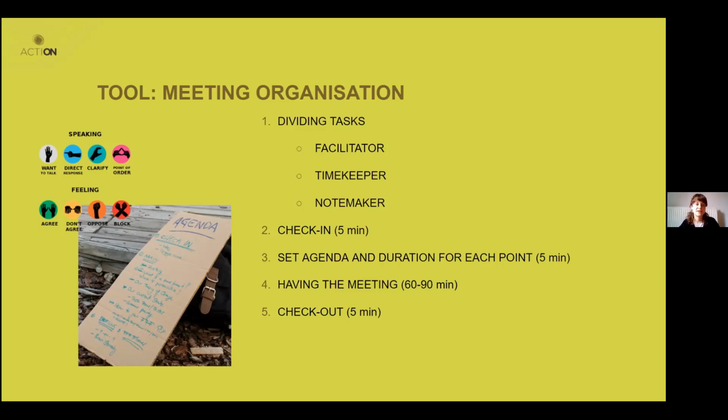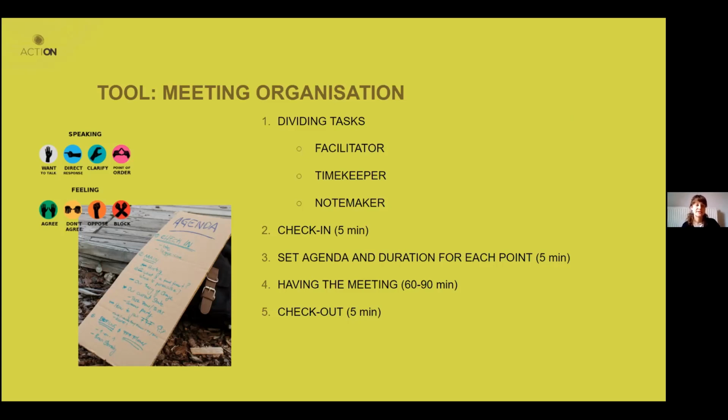The meeting organization structure allows us to give tasks, divide tasks for people. So first of all, we would have a facilitator, which in this case is me.